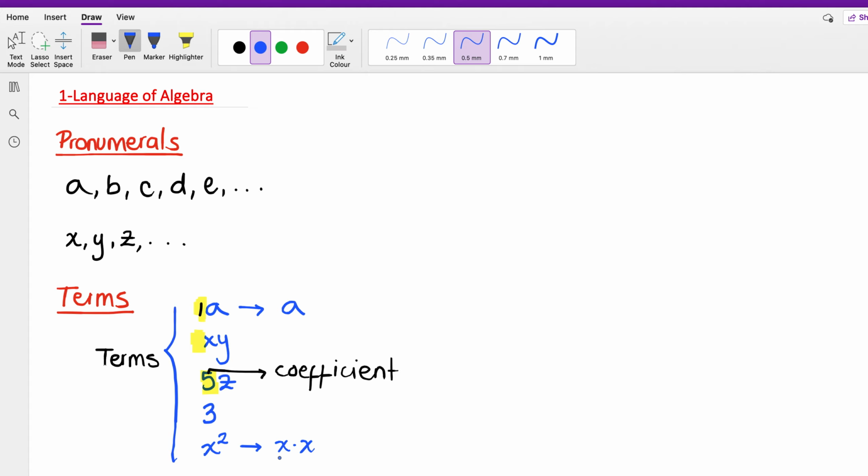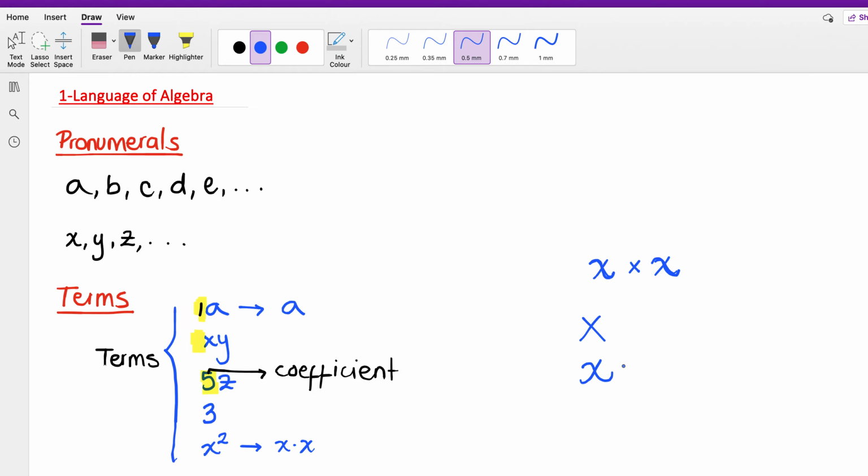I will do this a lot when I'm doing algebra. And the reason I will use this dot is that if I write x times x, do you see how it looks very confusing? Even though I'm trying to do my x with little tails to symbolize that I'm talking about the pronumeral, not an x like this, agree?